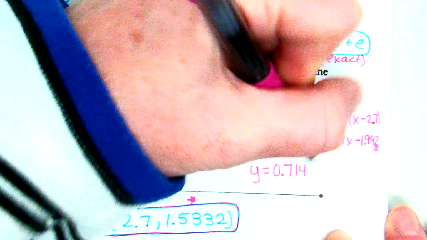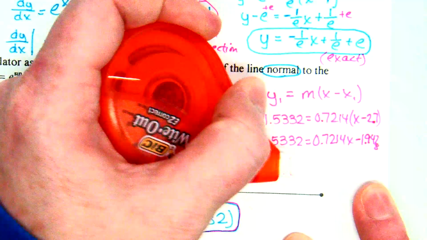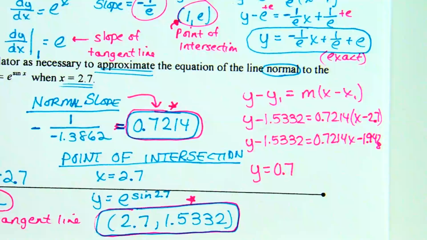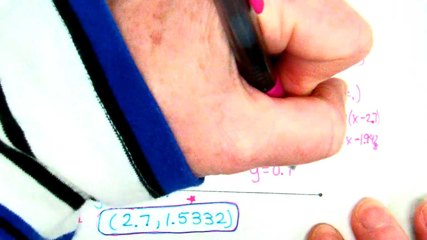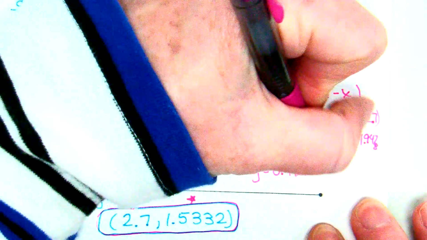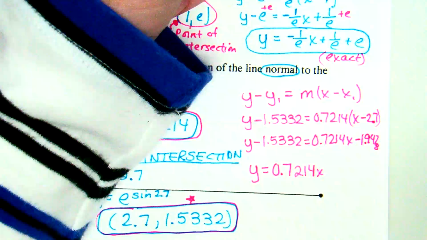I'm sorry, guys. I keep miswriting things here. Okay, then add that 1.5332 over to the other side. So y equals 0.7214x, point what?